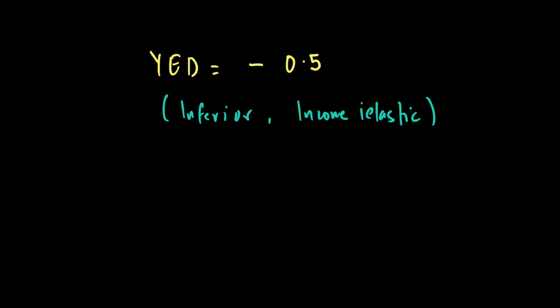Now a good example of an income inelastic inferior good could be a basic item, like a staple food, like for example you can call rice to be such, or you can call bread to be such. Now within the category of bread and rice you will find expensive bread, you will find cheap bread, you will find bread for low income people, and so on and so forth.